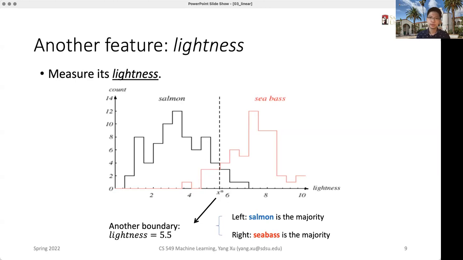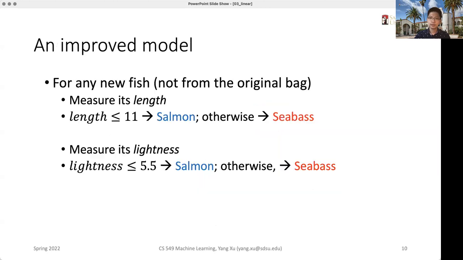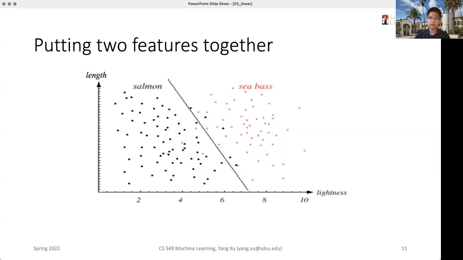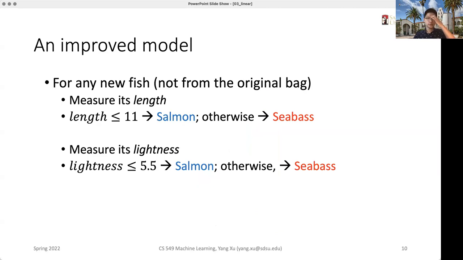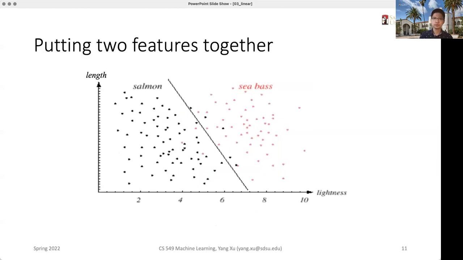There are more salmon on the left and more sea bass on the right. It is not as mixed as the previous feature, right? So it seems lightness is a better model, okay? So given these two features, we can combine them all together as a way to develop a more sophisticated model, okay?